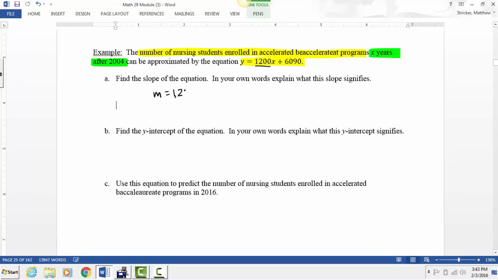What does that mean? That means that's the increase in enrollment per year.